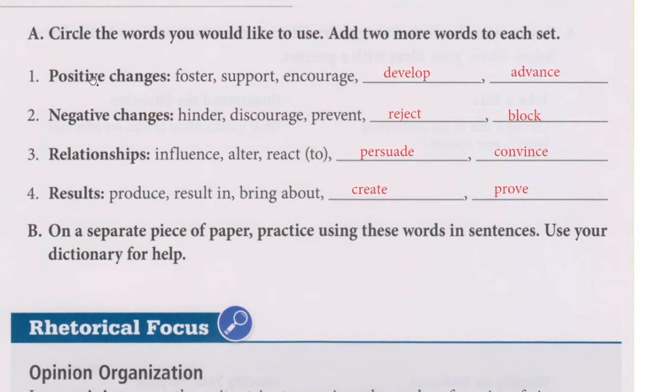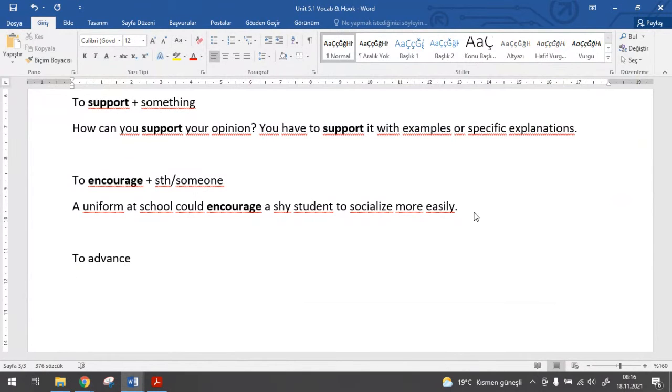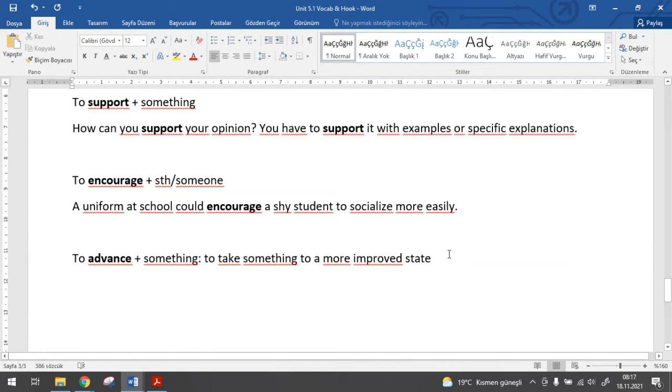What about advance? Advance is also about a positive change. To advance something means to take something to a more improved state. When you advance something, it means it becomes better.